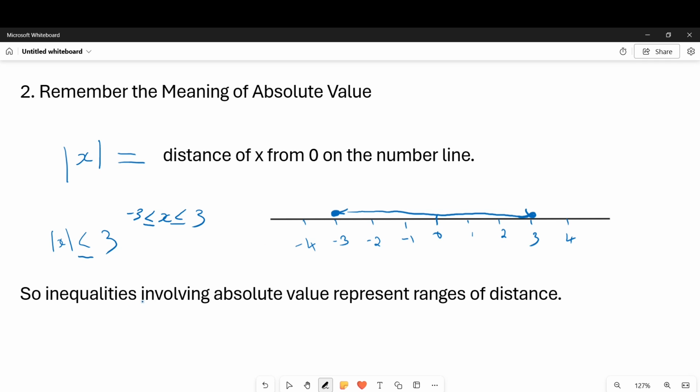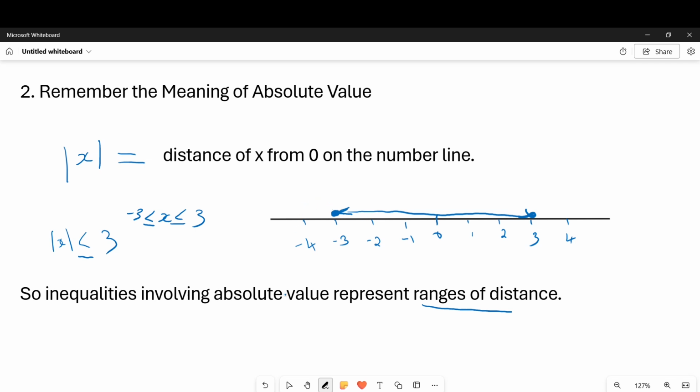An inequality involving absolute value represents a range of distance. So the absolute value of x less than or equal to 3 is not a single value. It is a range, a set of values we can substitute for x. Any value that lies in this range can be considered as a value of x.